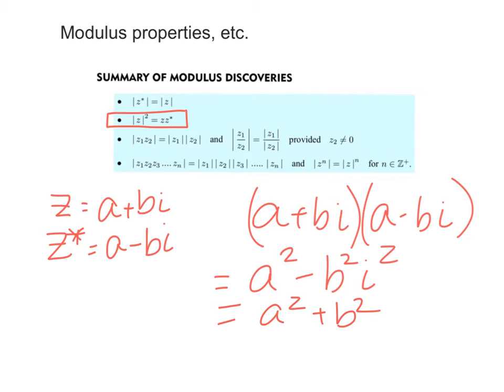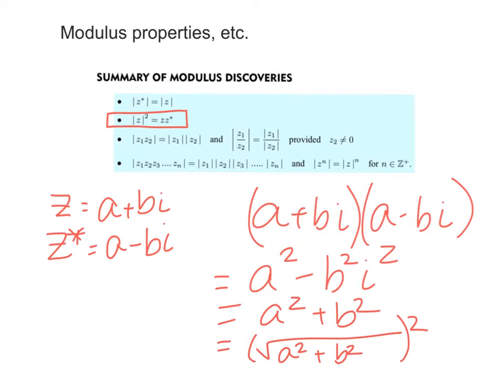And so that becomes the value that you get when you multiply a number by its conjugate, a squared plus b squared. And so then if you think of this, this would be equal to the square of the square root. I've run out of space, I'm so sorry.